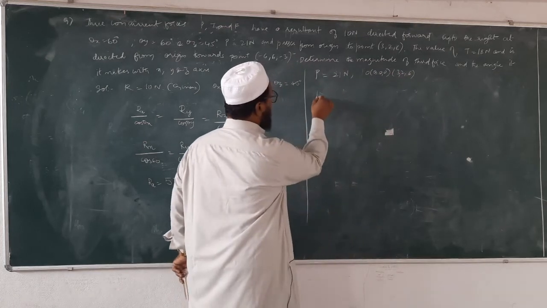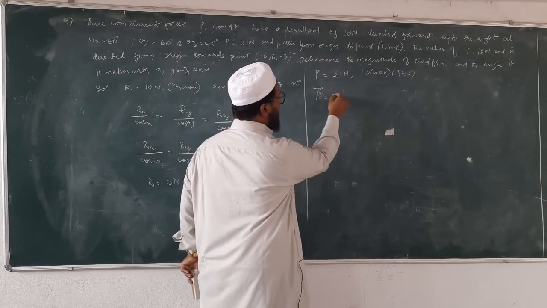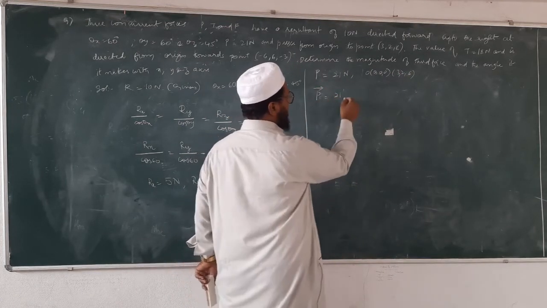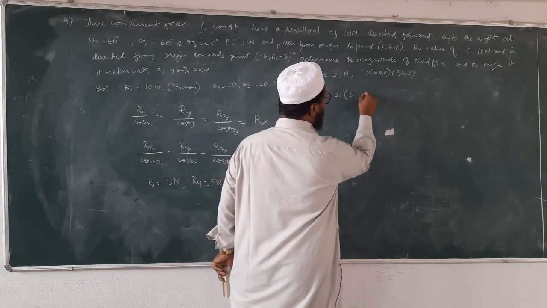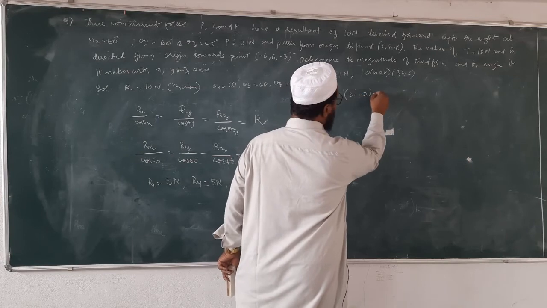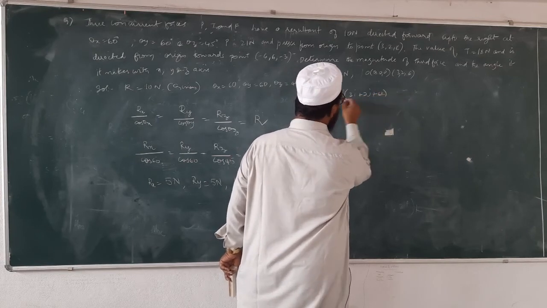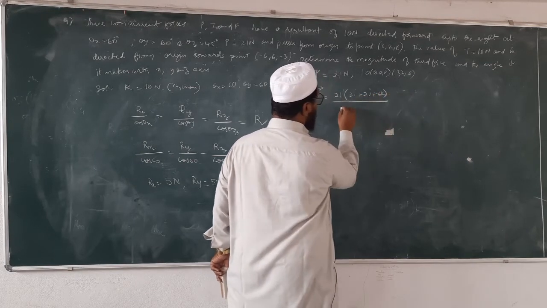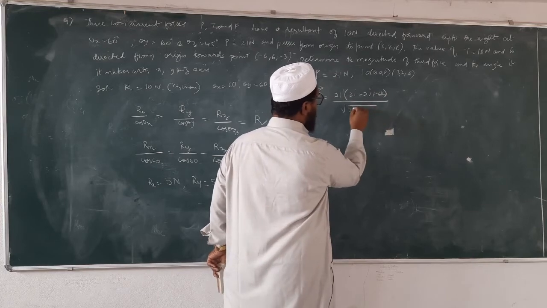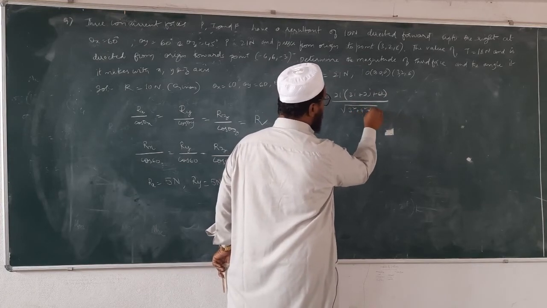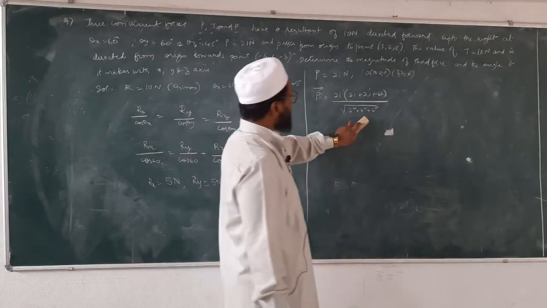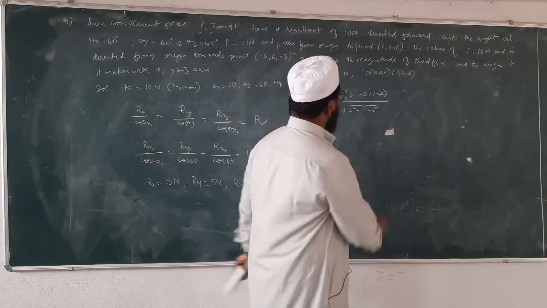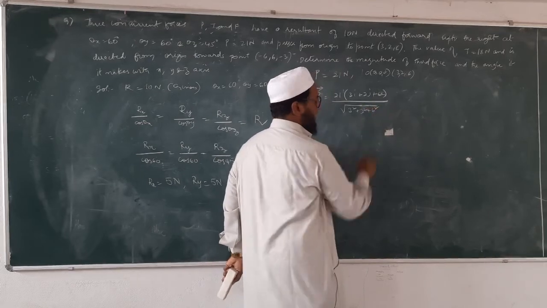So if I formulate the force vector, then what happens? P is 21 into (3i plus 2j plus 6k) whole divided by the square root of 3 square plus 2 square plus 6 square. Okay. Tell me the value.